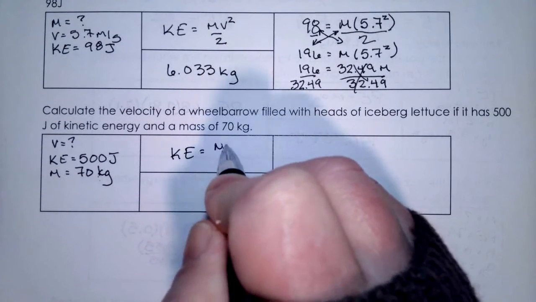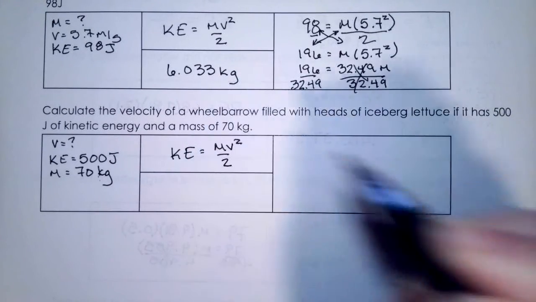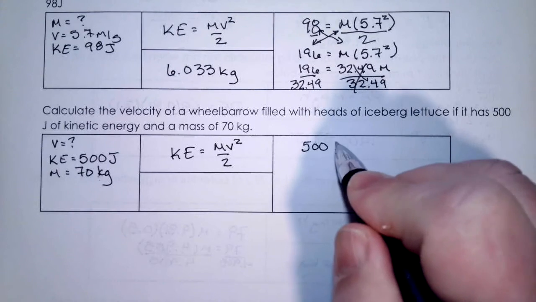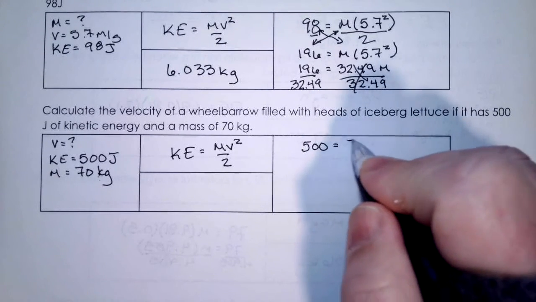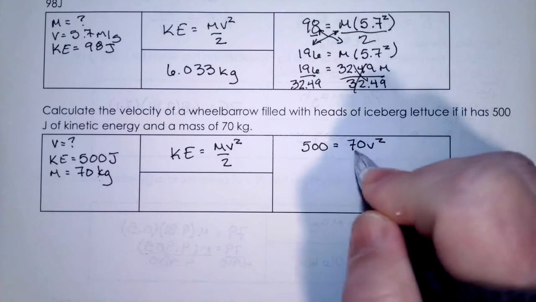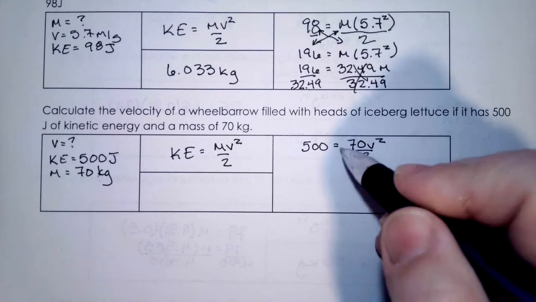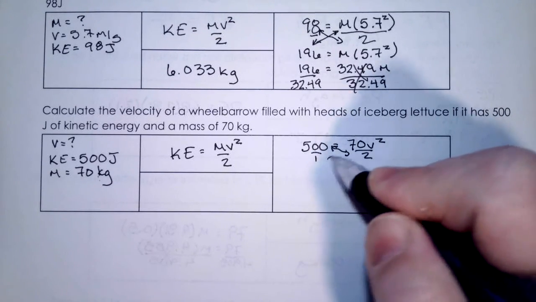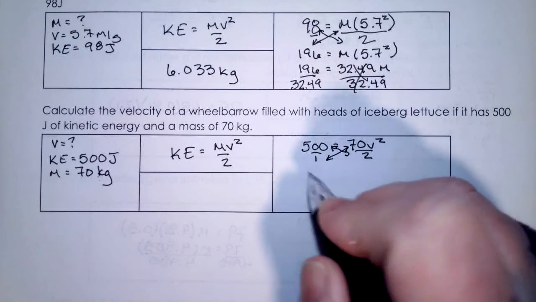Okay, so write our formula. KE equals mass times velocity squared divided by 2. So we get 500 equals 70 times v squared divided by 2. Easiest thing to do here is to multiply these two things together and set them equal to those two things.